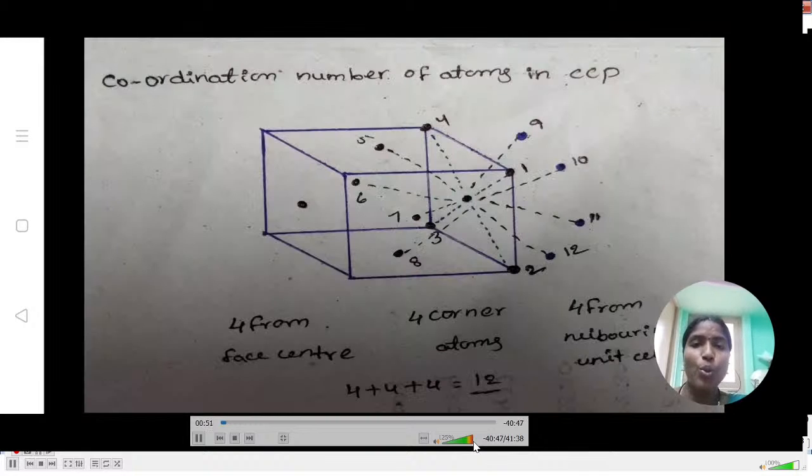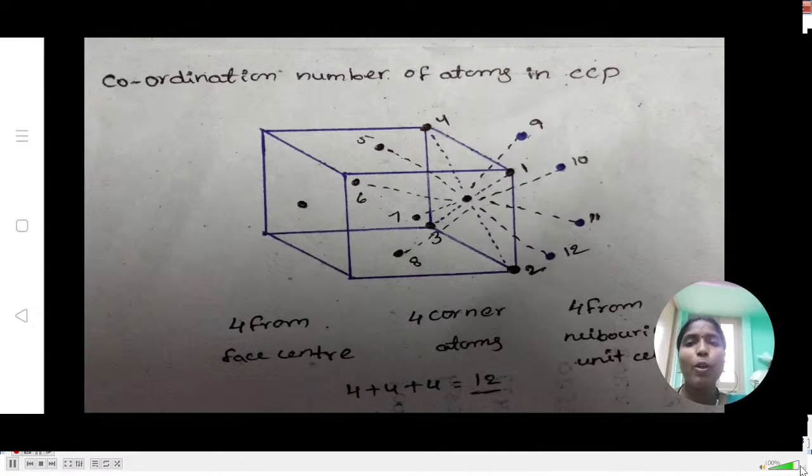Let us see how to calculate the coordination number of the unit cell. Here one unit cell is present. In this unit cell 8 corners are present, and on each face one atom is present. Totally 6 faces are present. Each face contributes 12 other atoms.